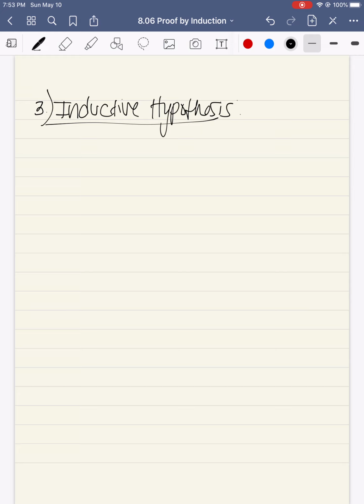So at some point, n and k are going to be equal to each other because they're both elements of the positive integer set. So we can say when n is equal to k, we get the following statement.